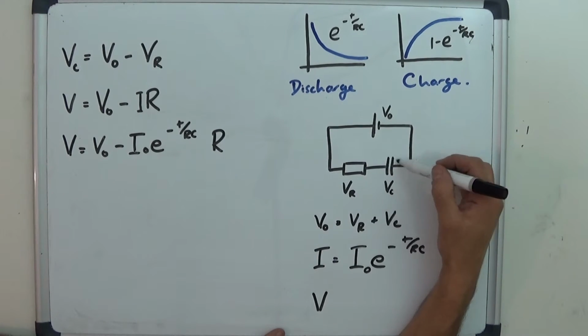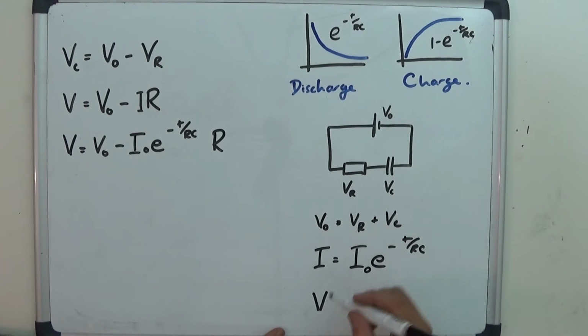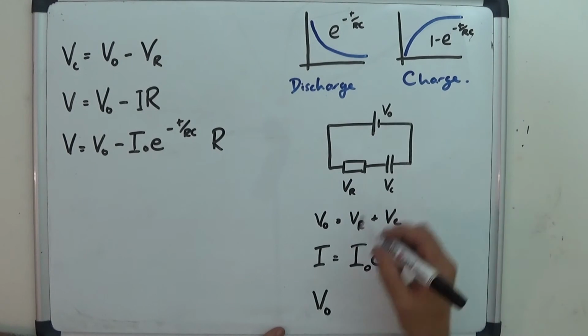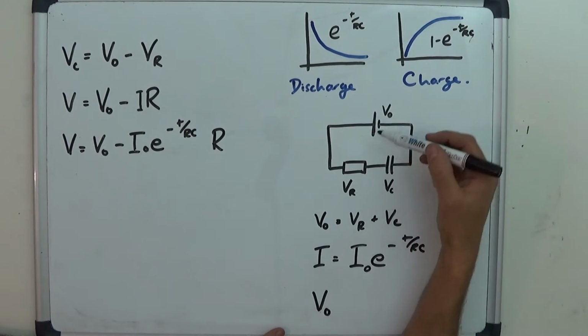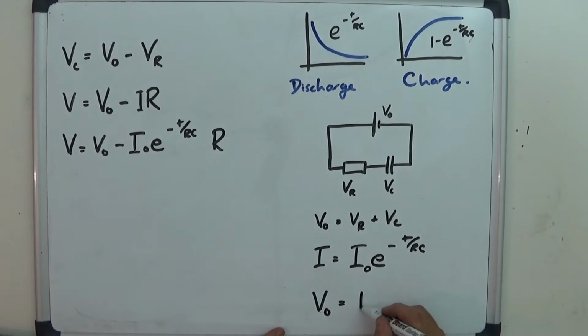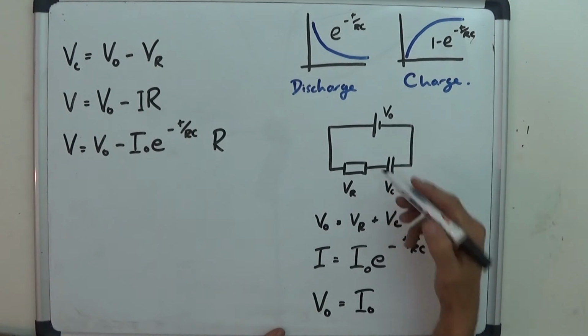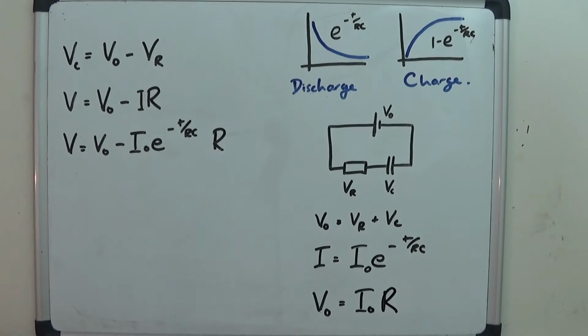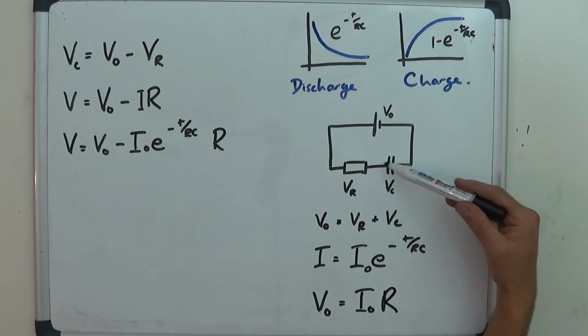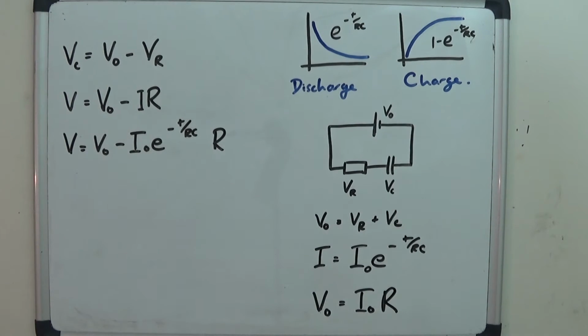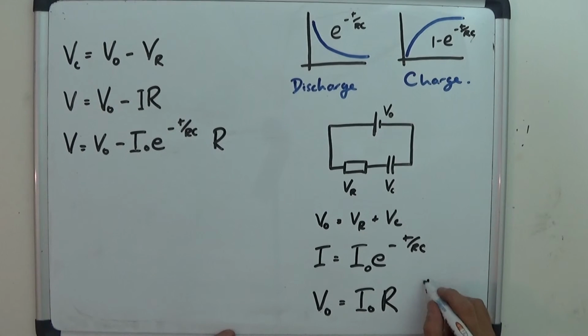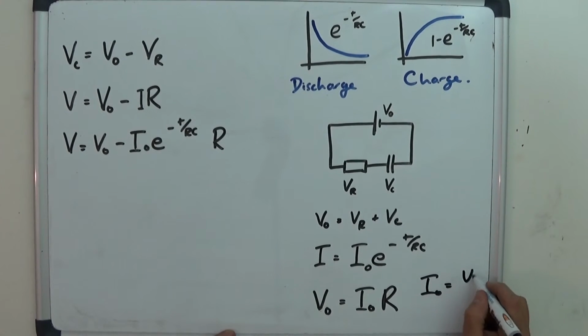So before it builds up any charge and any potential difference, the initial PD V0 across the power supply is going to be equal to the initial current I0 across the resistor. Okay, because it's just at the very start, the capacitor hasn't got any PD across it at all. And so as a result, I can rearrange this and say I0 equals V0 over R. Because I can do that, I can chuck that in up here.